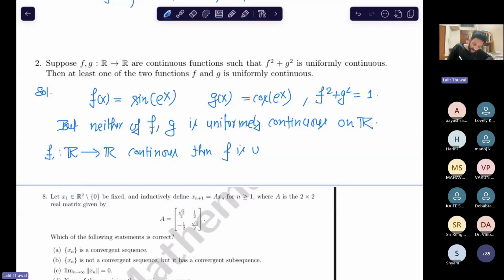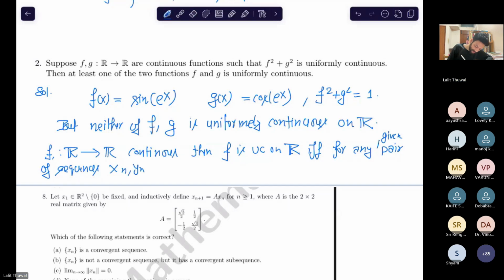f is UC on R if and only if for any given pair of sequences xn and yn satisfying that the sequence |xn minus yn| goes to 0, we have that the sequence f(xn) minus f(yn) must go to 0.